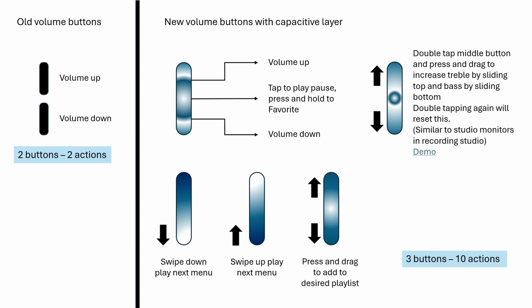So this is again just a music specific use case, but this could probably apply to other applications such as Instagram to scroll through Reels or TikTok, and even in the web browser to just simply scroll from the side.